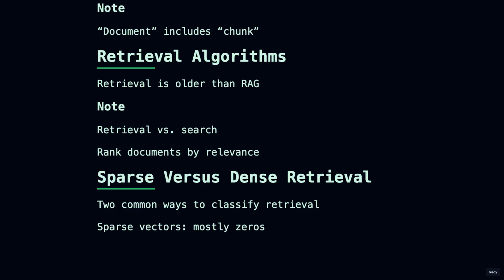Sparse retrievers use sparse vectors, where most entries are zero. In term-based retrieval, each term is often encoded as a one-hot vector, so only one position is active, and that position identifies the term in the vocabulary.